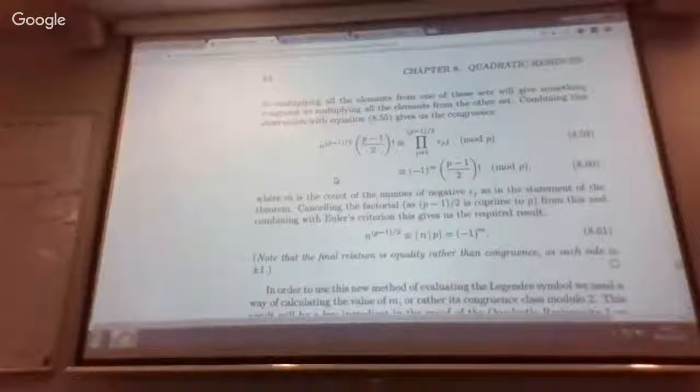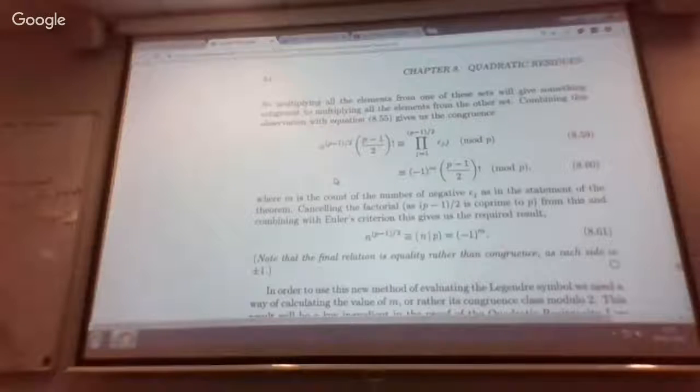In other words, the Legendre symbol n over p is equal to plus 1 if this number n is even, and minus 1 if this number n is odd. Remember, this number n is what you see when you consider the congruence classes of all the multiples j times n, for every j from 1 to p minus 1 over 2, and you just count the number of times that it lands in the top half of the congruence class. You just get this count n. It's going to be odd or even.